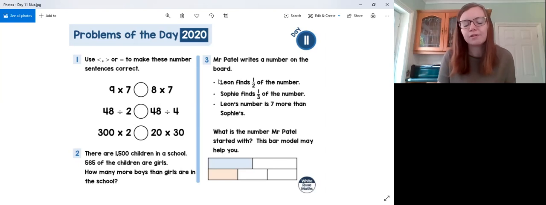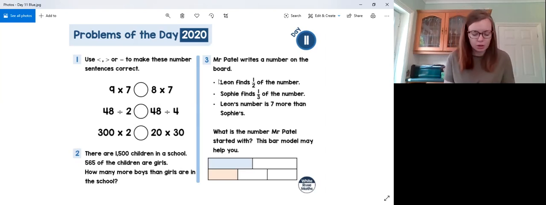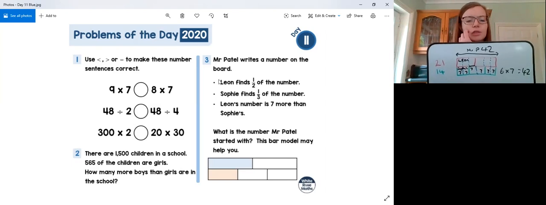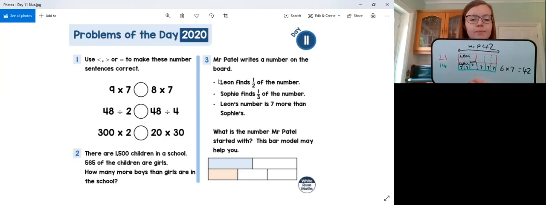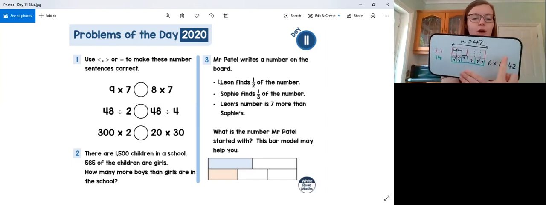And that's 12 left over to 42, which is 4 lots of 3. So it must be 14 for Sophie's number. So if Leon's number is 21 and Sophie's number is 14, is the difference between these two 7? It is. So we know we got it correct and Mr. Patel's number was 42.